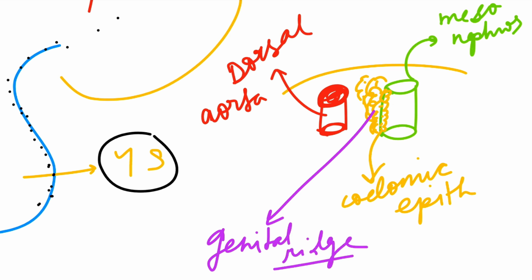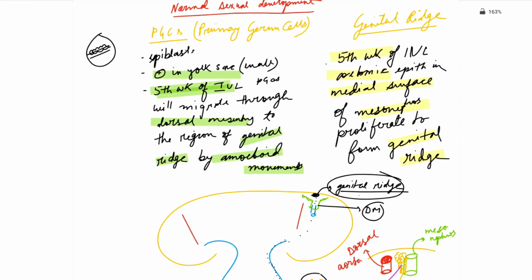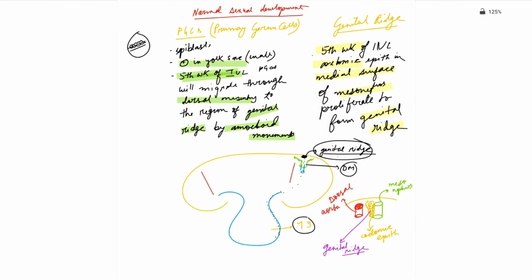Let us understand this once again. For understanding normal sexual development, we need to understand two important structures: the primordial germ cells and the genital ridge. The primordial germ cells are derived from the epiblast and are present in the yolk sac.